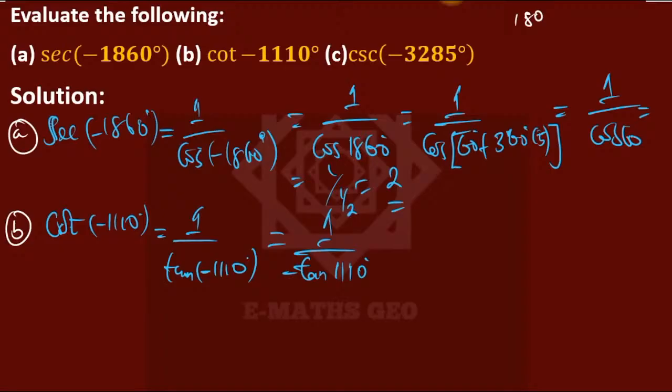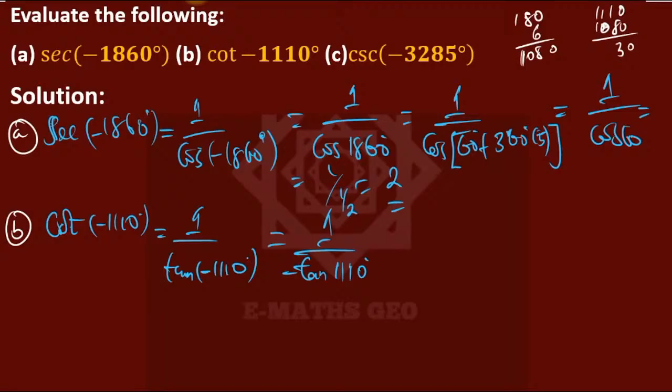So if we try 6, 180 times 6 is 1080. So if I do 1110 minus 1080, let's see how much is left. That is 30. So that's okay.